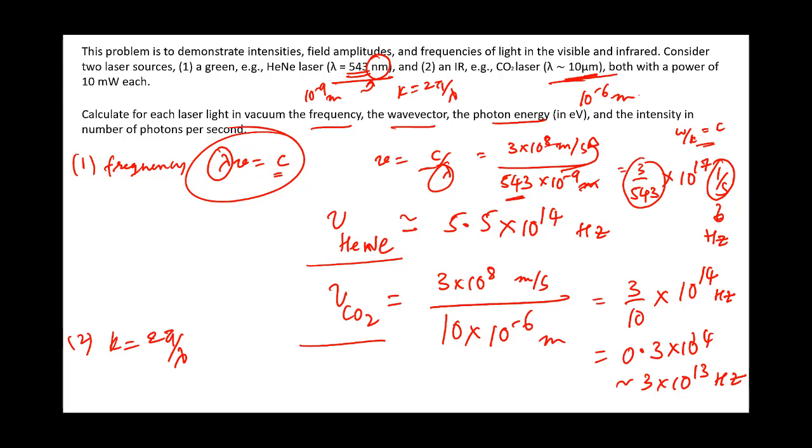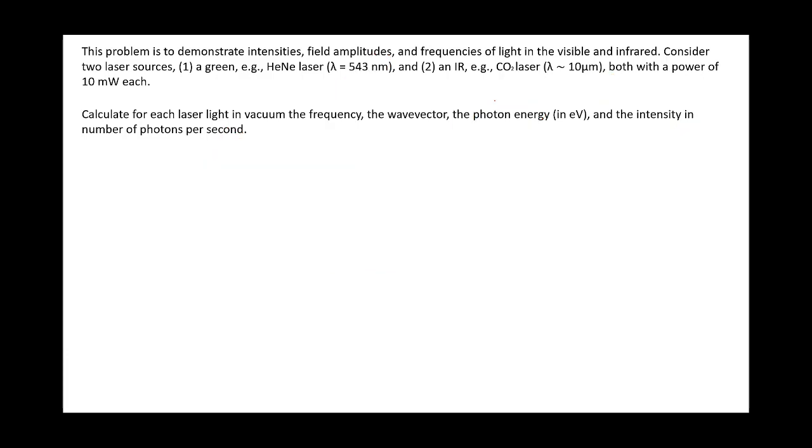Now the next thing is we are going to calculate the energy. Recall what we had done in the beginning when we discussed light and quantum mechanics. At that time we said that the energy of light is related to its frequency through a fundamental constant, that's Planck's constant.